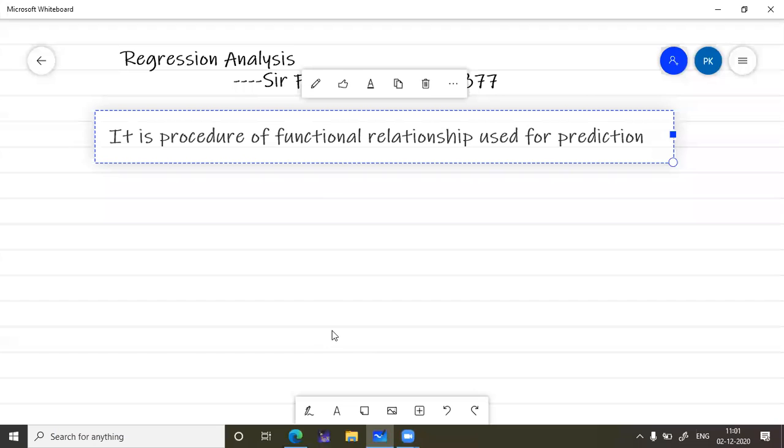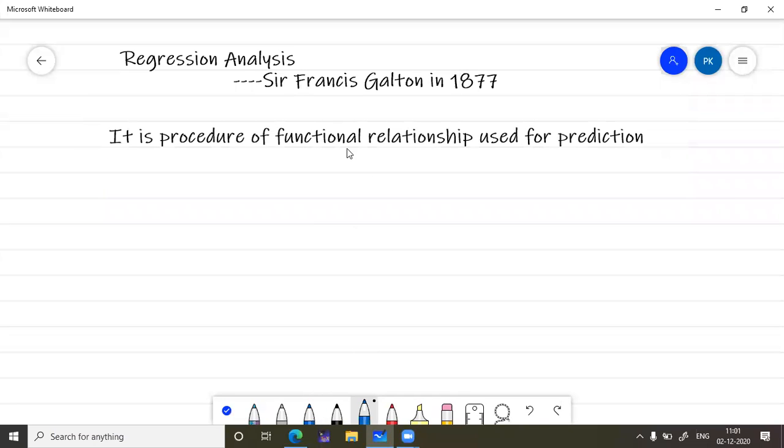This functional relationship can be a simple relationship between variables, or a multiple relationship between variables.